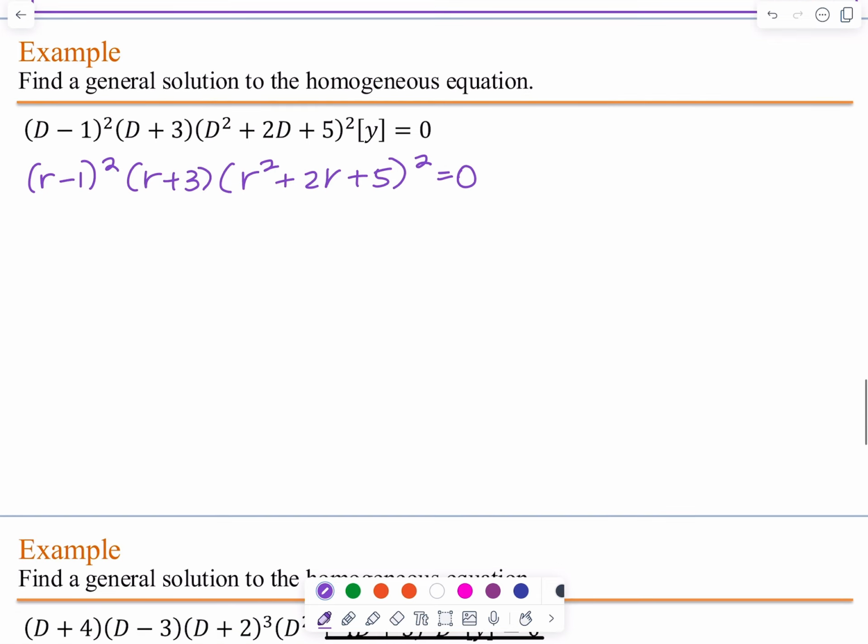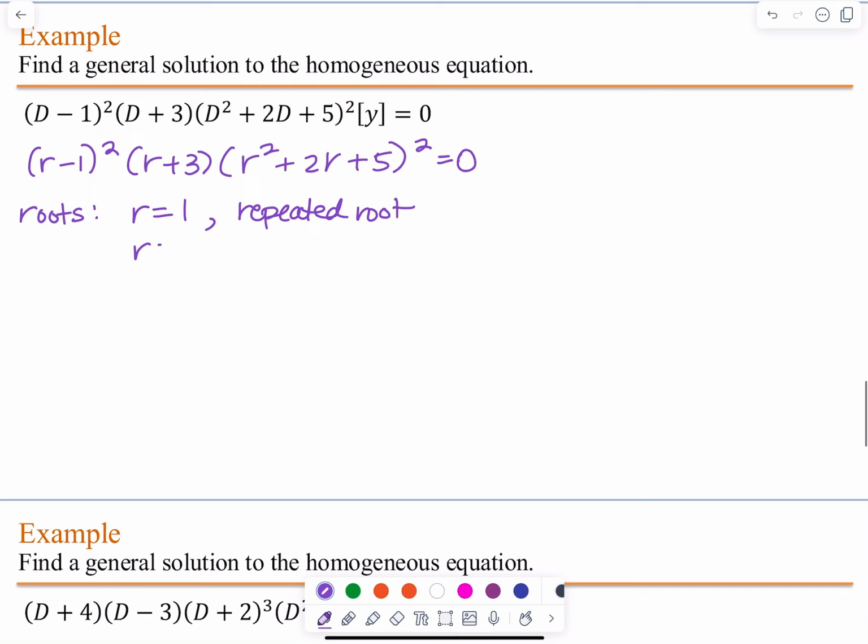So our roots are r equal to 1, which is a repeated root. We have r equal to -3, and we have r equal to -1 plus or minus 2i, and this is also repeated.